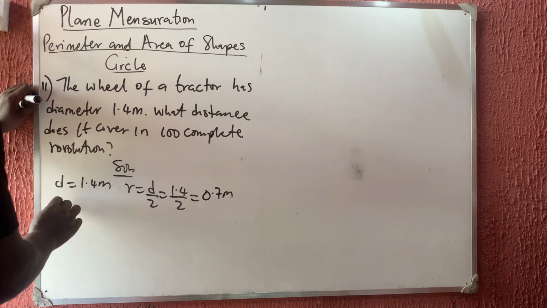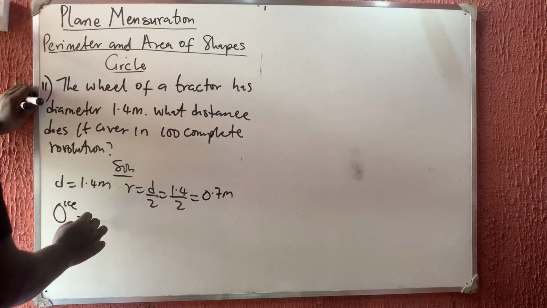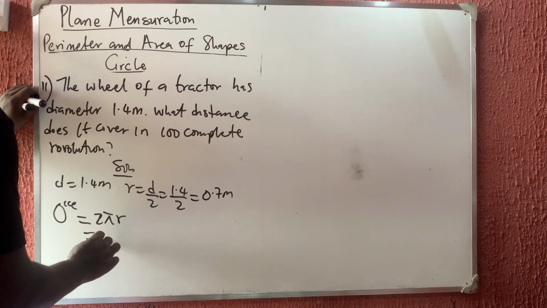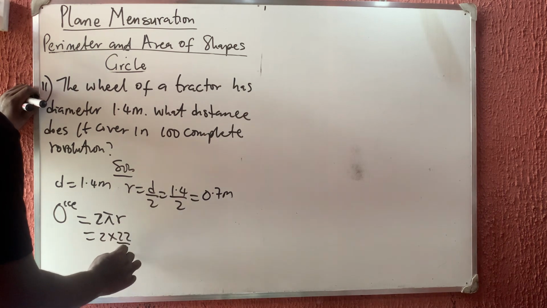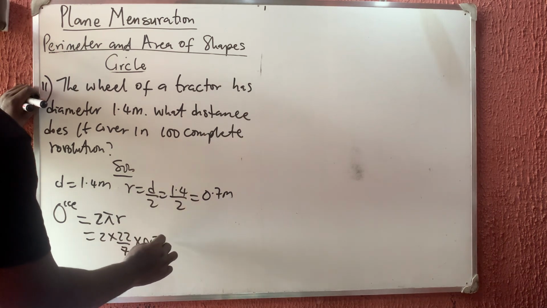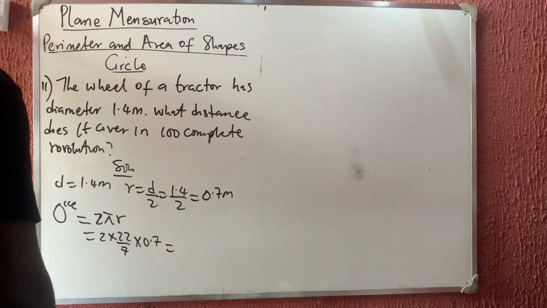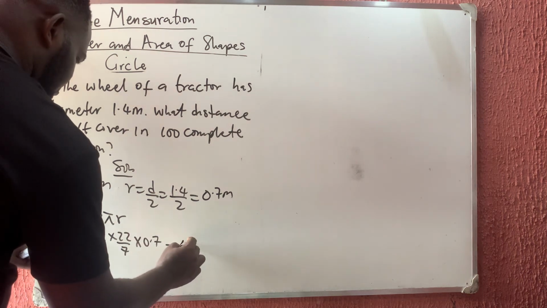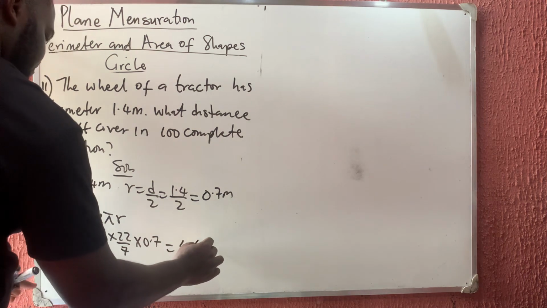So the circumference of this wheel is given as 2 pi r, which is 2 times 22 over 7 times 0.7. Times 44 divided by 7, so I'm having 4.4 meters.